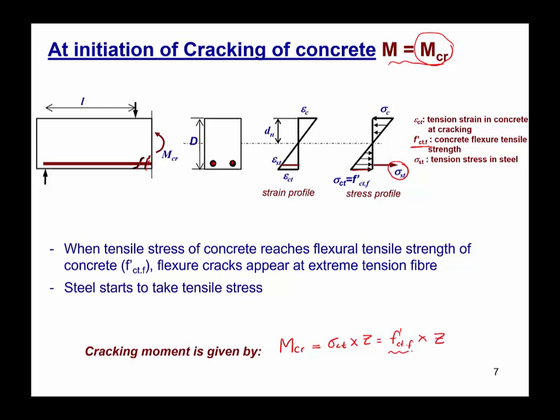So we know the tensile strength of the concrete and we know the section modulus of the given beam, so we can find the cracking moment for the beam here. Z is still taken as BD square over 6.